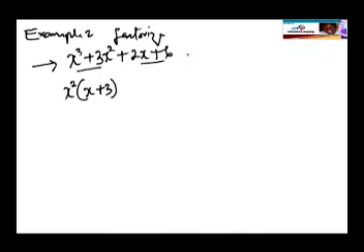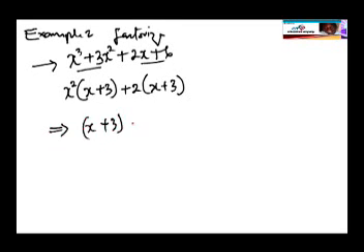And this other one, I have 2 out, and I'll be left with x plus 3 as well. So x plus 3 is a common binomial here. I pull it out. Now x plus 3 goes out, and whatever is left will be inside another bracket, which is x squared plus 2. So my final answer is this, which is the product of binomials. Just take note of that.